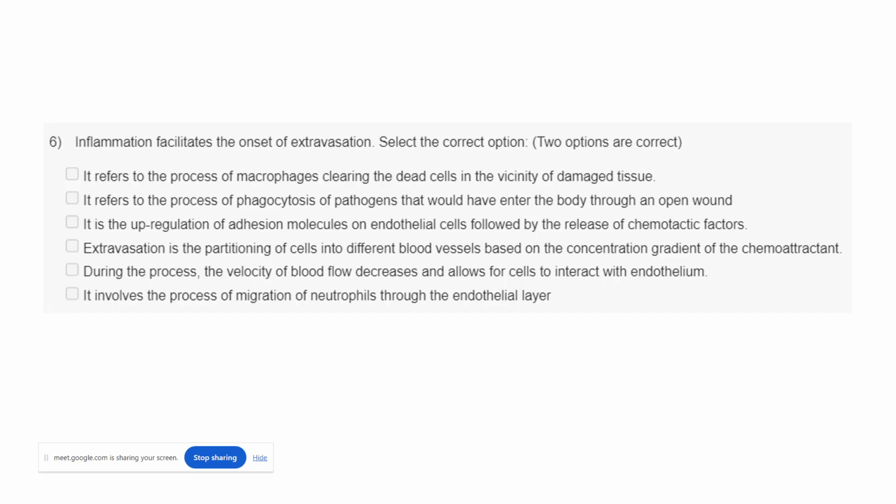And we have our next question here. Inflammation facilitates the onset of extravasation. What are two correct options here regarding this inflammation?